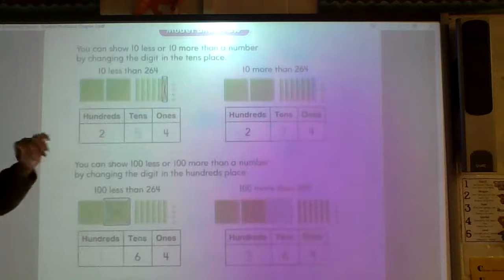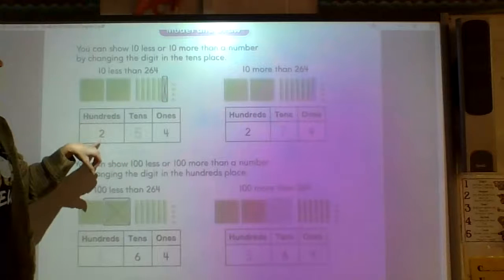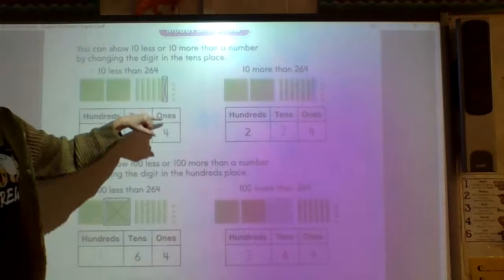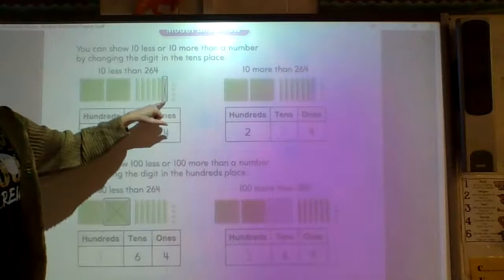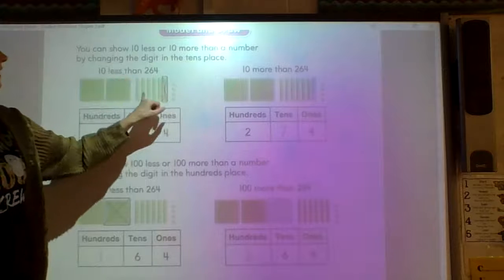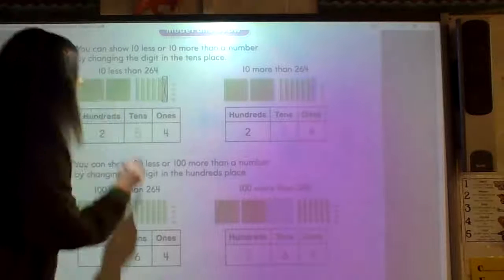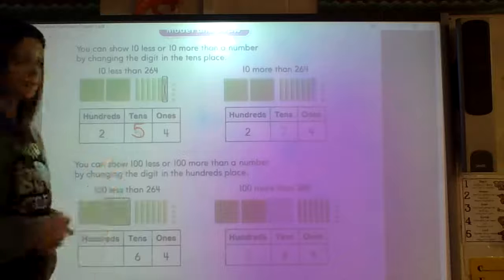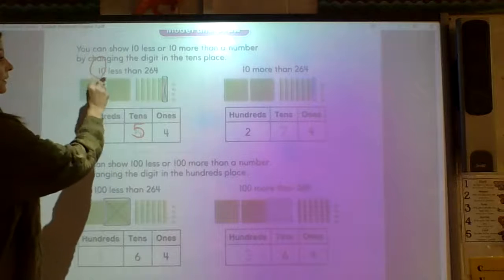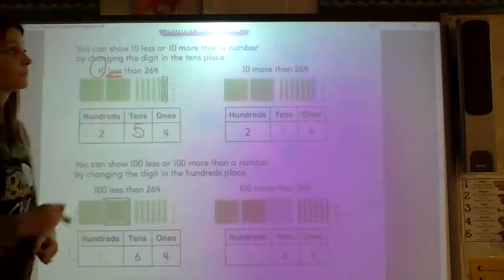And they wrote 2 hundreds, 6 tens, 4 ones. When they crossed off one of the tens because it was 10 less, they counted and they had 5 tens left. Remember, it's important to look at the number and what you're doing.